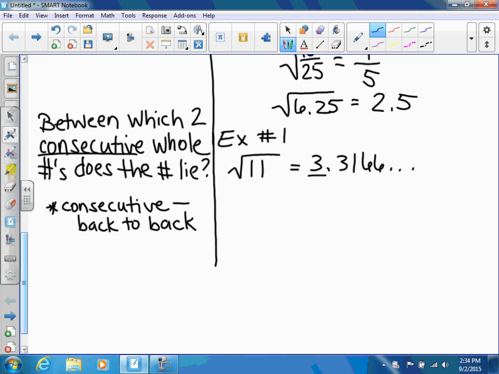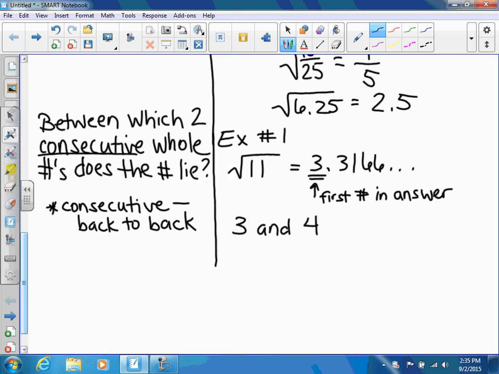The number that's in the front of the decimal, that first number, it's going to be the first number in your answer. So when I'm trying to figure out where this decimal is going to fall on my number line, it's going to fall between the numbers 3 and then on a number line, the number that comes right after 3 is 4. So the answer to this problem is 3 and 4.